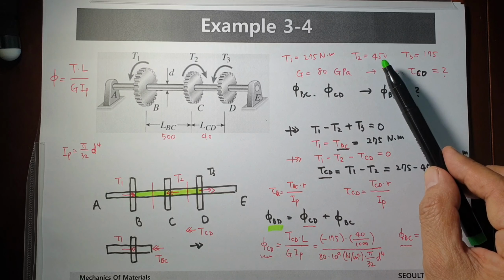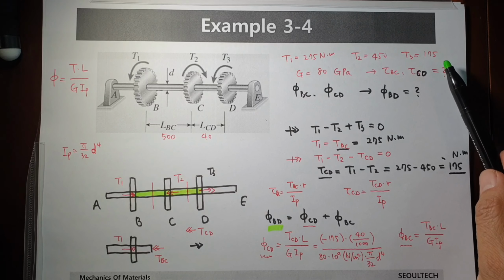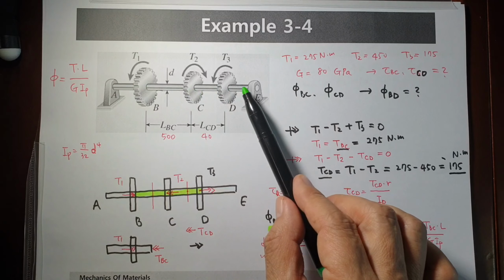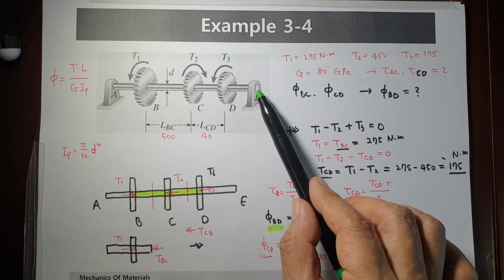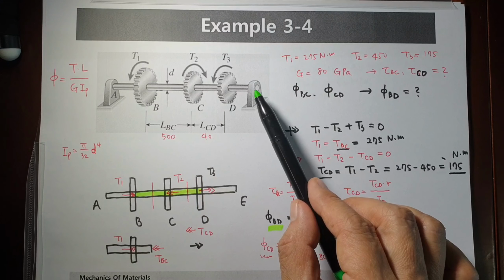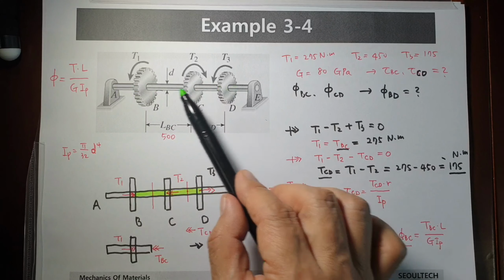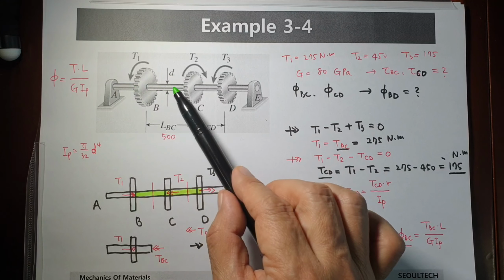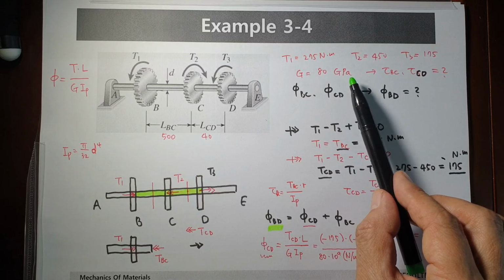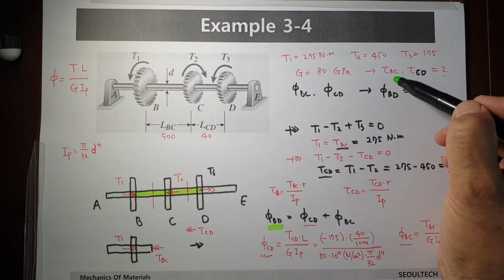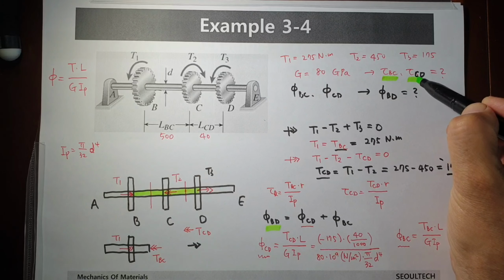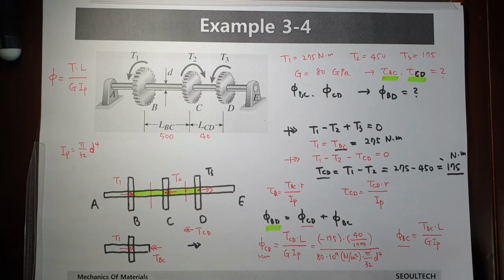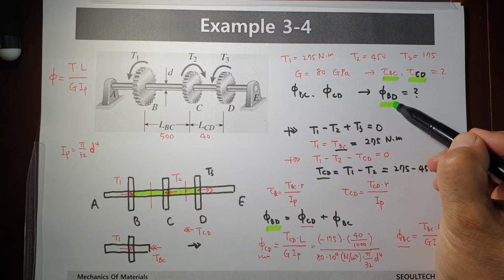T1, T2, T3 is given like this one, and the shaft is attached, mounted at the point A and the point E. The shear modulus of elasticity in the shaft is 80 gigapascal, and we would like to know tau C, shear stress in CD, and we would like to know phi BD.